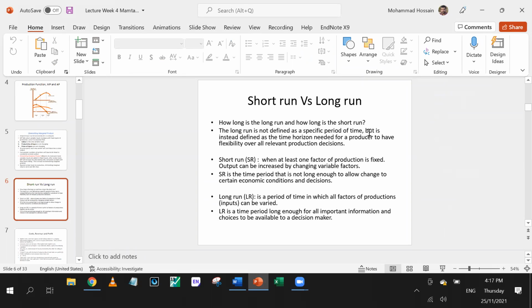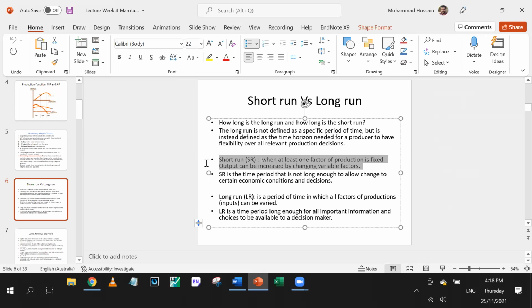All right. So they say here, short run is when at least one factor of production is fixed, and output can be increased by changing variable factors. So at least one factor of production is fixed, and we'll call it short run. Short run is the time period that is not long enough to allow changes to certain economic conditions and decisions.